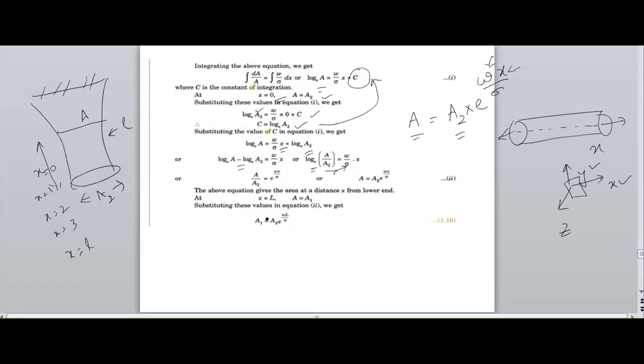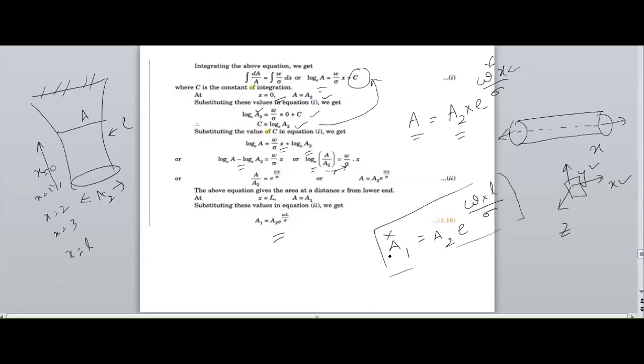Therefore, at x equal to L, we get the area A1 equal to A2 e to the power of omega into L by sigma. That is the area at the fixed end.